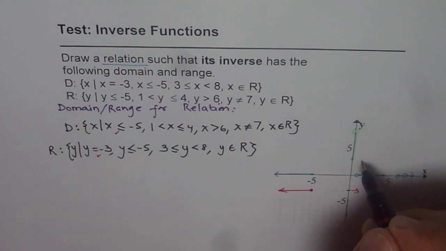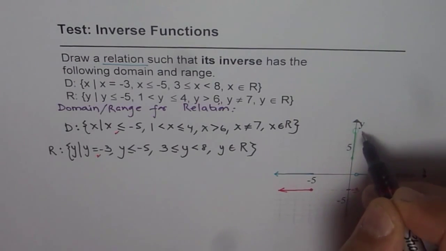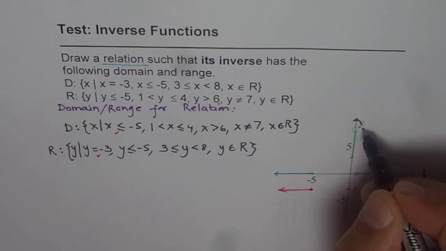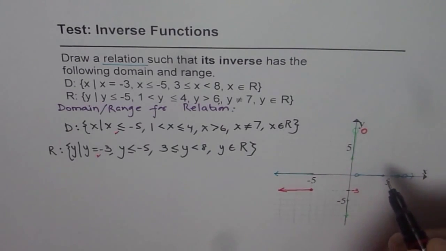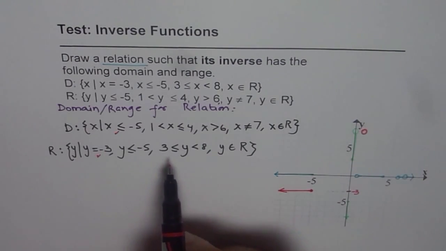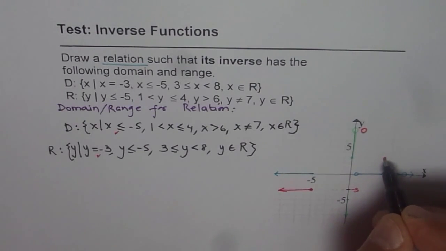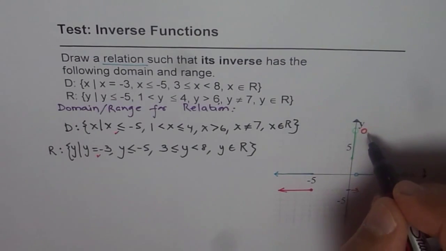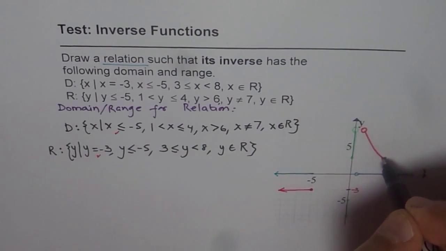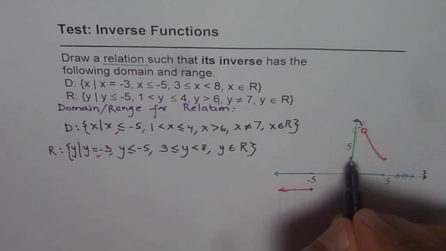Now since this part is not included, we'll put this function at 8. 8 is not included, right? And for x equals 4, let me take the value at 3 here, which is included. Now if I join this up, do you see that? So this is 3 for us.